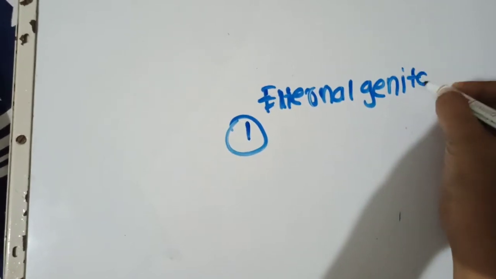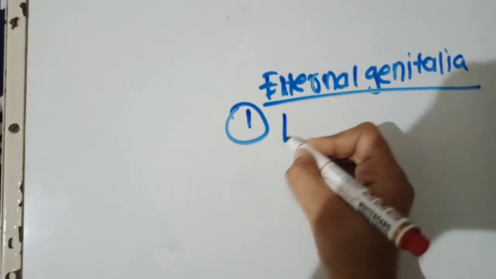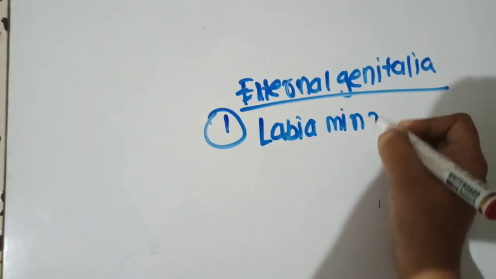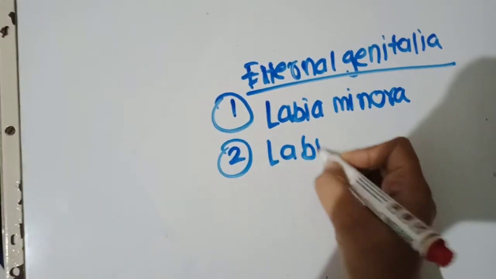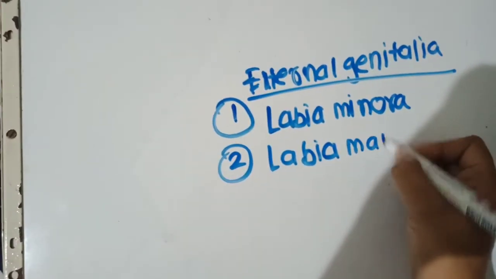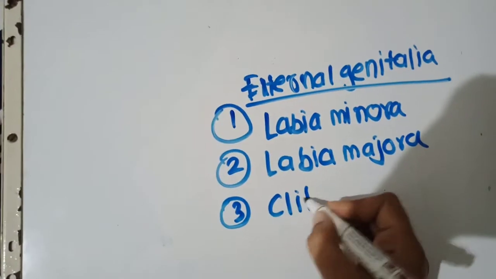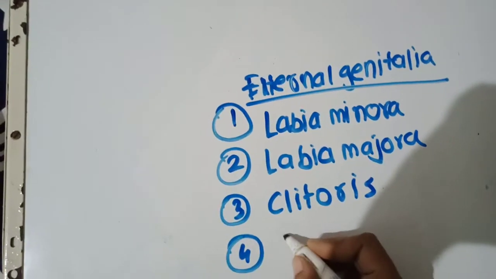The external genitalia is divided into four parts. The first is labia minora, then labia majora, the third one is the clitoris, and the last one is the vagina.